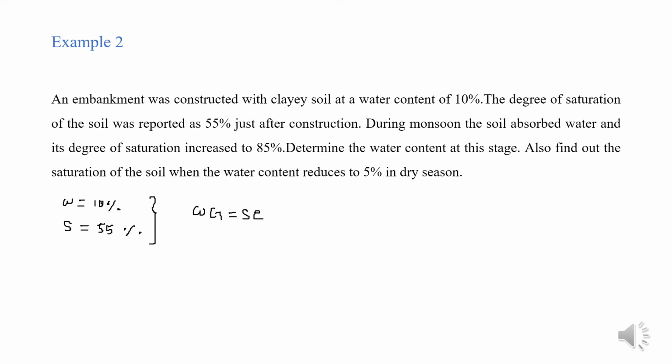Here we are not given the G of the sample, so let us consider the G of the sample to be, suppose, 2.68, that is the specific gravity of the solids is 2.68. Okay, so we just put the values.